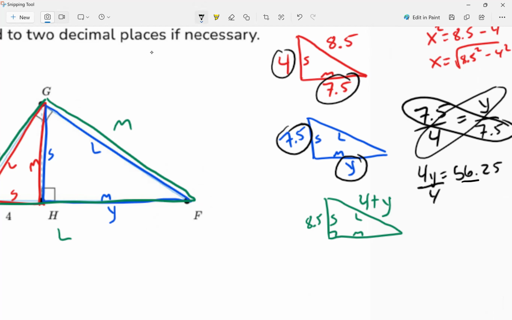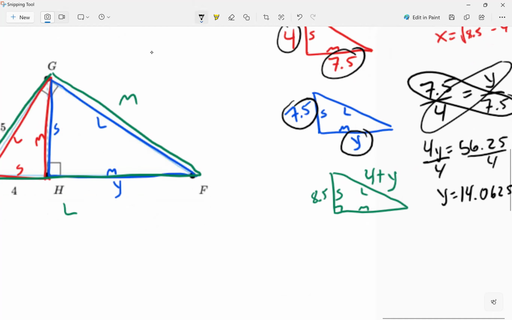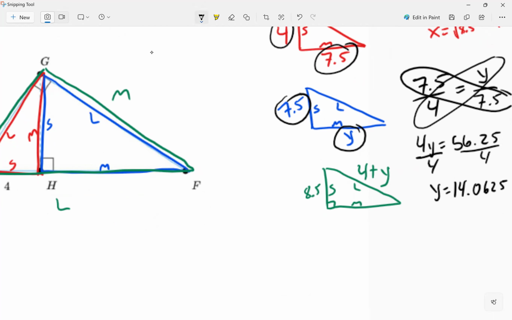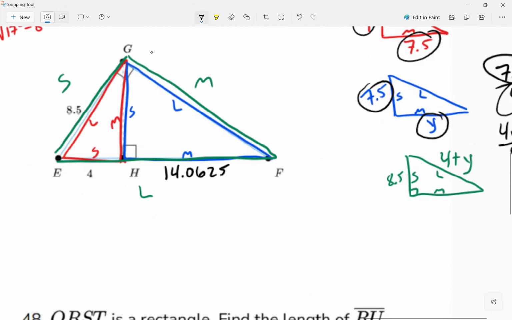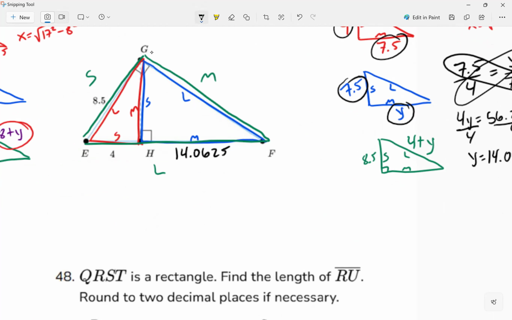Divide both sides by 4. So y is equal to 14.0625. So let me erase this y here. Let me call this 14.0625.